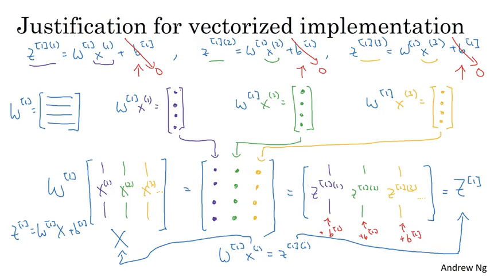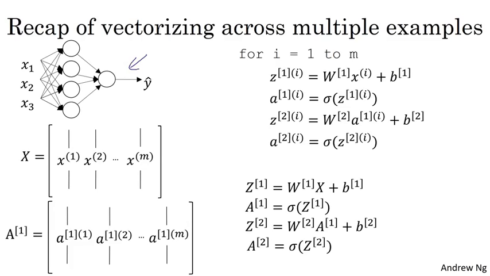Finally, let's just recap everything we talked about in this video. If this is your neural network, this is what you need to do if you were to implement forward propagation one training example at a time, going from i equals 1 through m. Then we said, let's stack up the training examples in columns like so, and for each of these values, Z1, A1, Z2, A2, let's stack up the corresponding columns as follows.